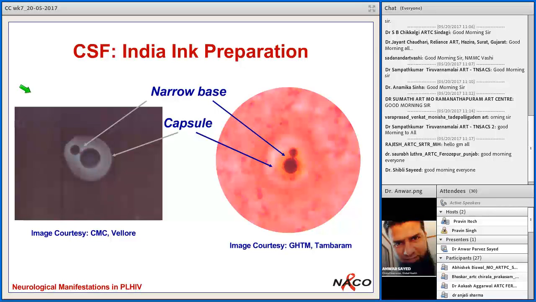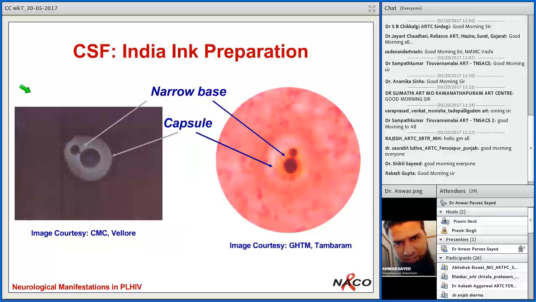In this case, skin scrapings were sent for investigation, and they diagnosed it, because this is the case which was seen in Government Hospital of Thoracic Medicine, Tambaram, Chennai. So here, from the skin lesions, cryptococcus was demonstrated. So that is another indication that this might be most probably cryptococcal meningitis.